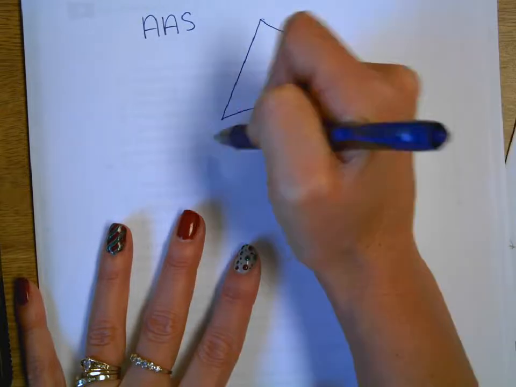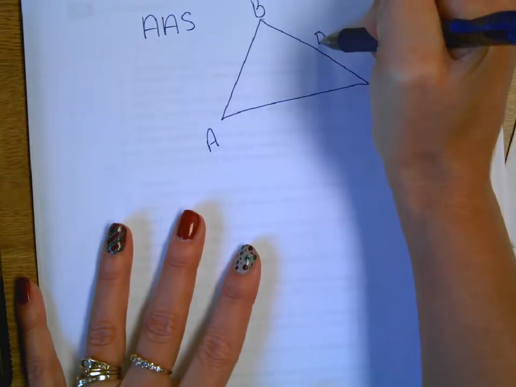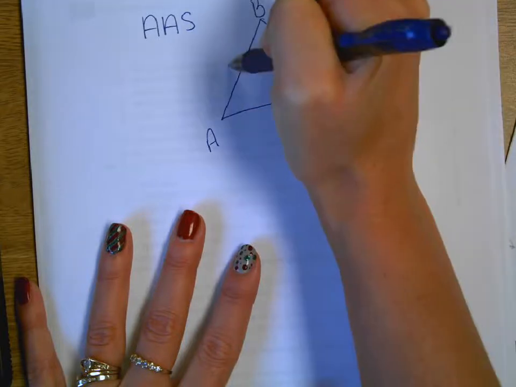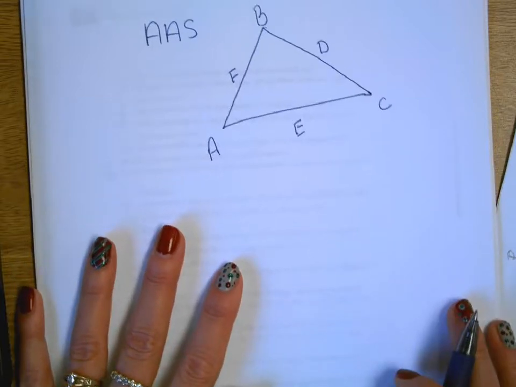Just write everything out. A, B, C, D, E, F. Okay, this time we are going to know angle, angle, side.